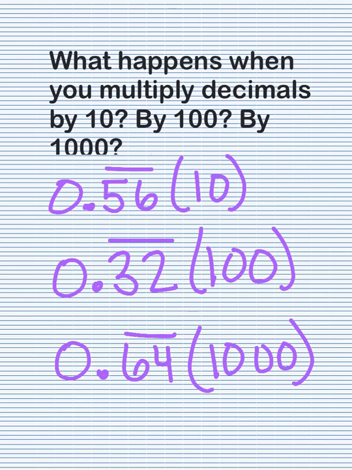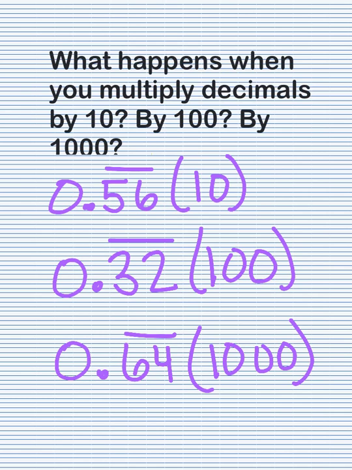If you think back to when we were doing decimals, fractions, and percents, we had talked about when you go from a decimal to a percentage, you move the decimal 2 spots to the right, and why that was. Well, it was because we are multiplying by 100, and the hundredths is 2 spots to the right. So think about what would happen if you multiplied a decimal by 10, by 100, and by 1,000 if it's a repeating decimal.